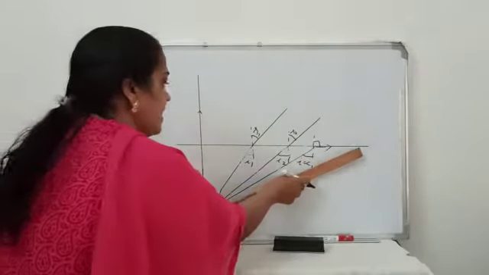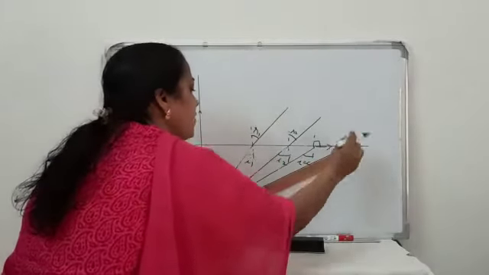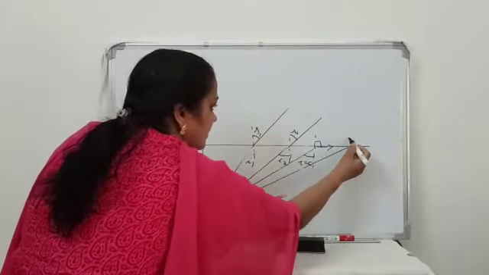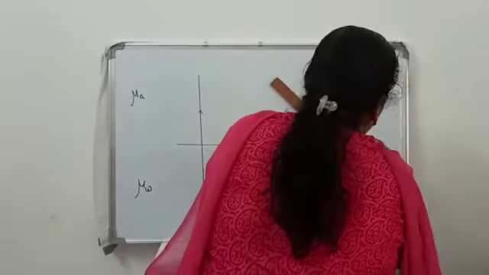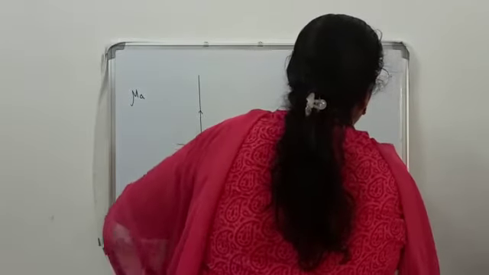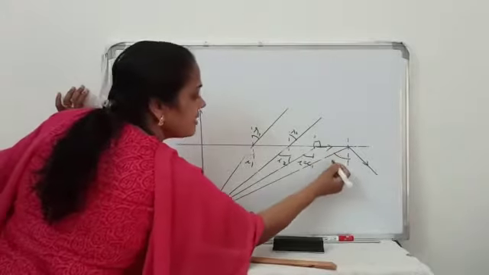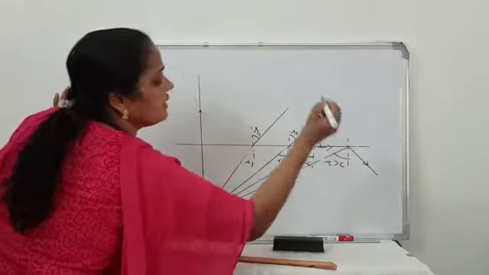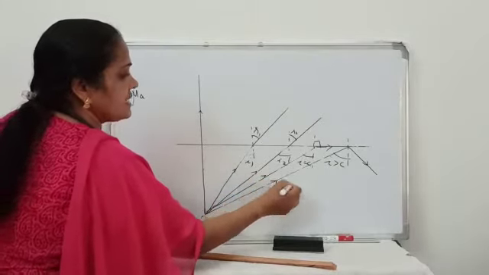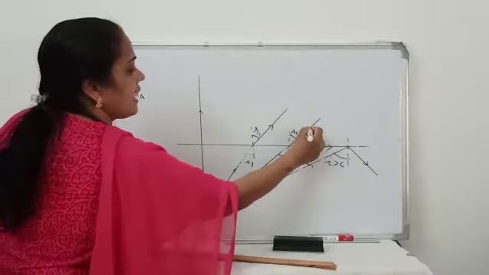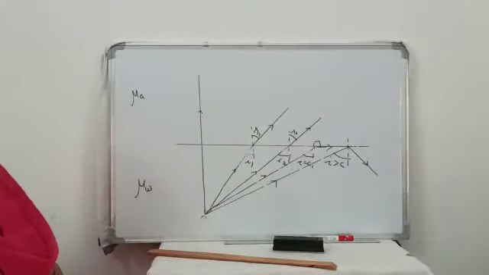If I still increase the angle of incidence, the ray finally gets reflected back into the same medium. This happens at an angle of incidence greater than the critical angle. So when the angle of incidence exceeds the critical angle, the ray gets reflected back into the same medium.